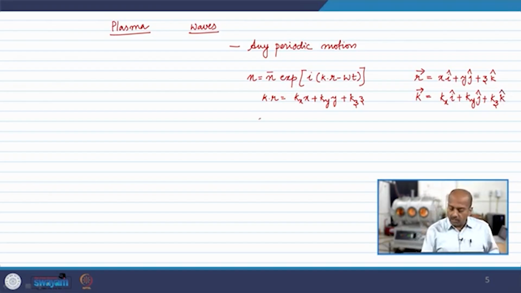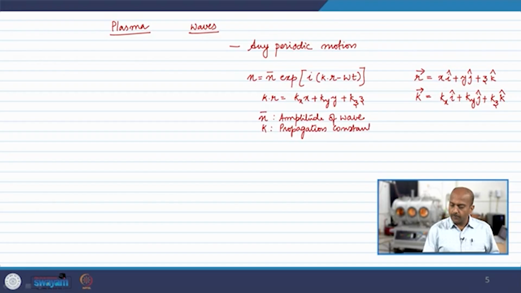Now, n bar is the amplitude of the wave, and k is called the propagation constant. For a wave propagating in three-dimensional space, this is valid.